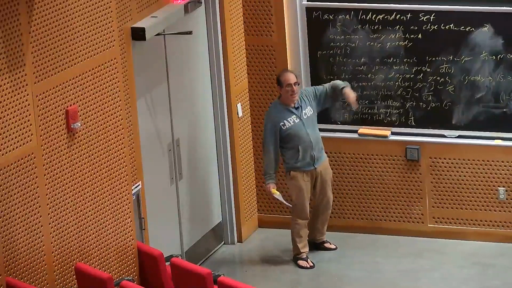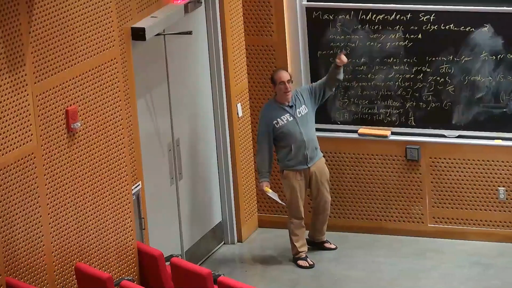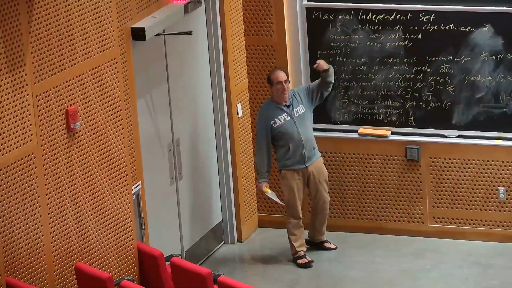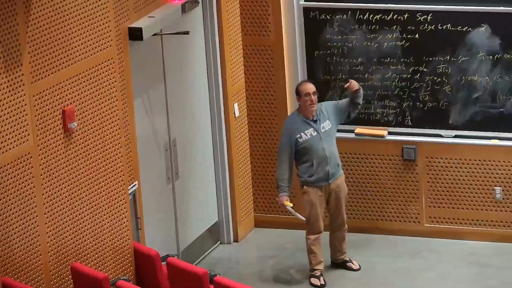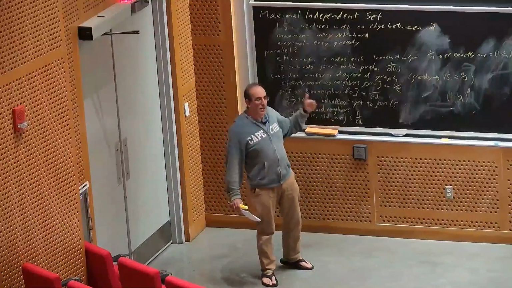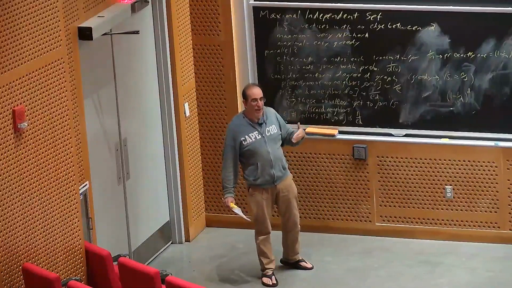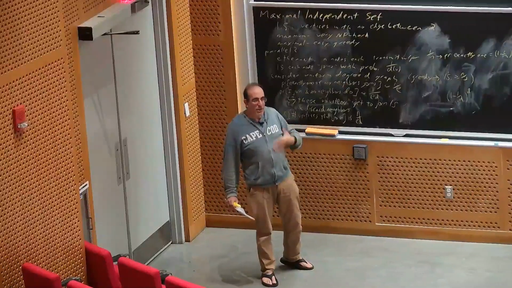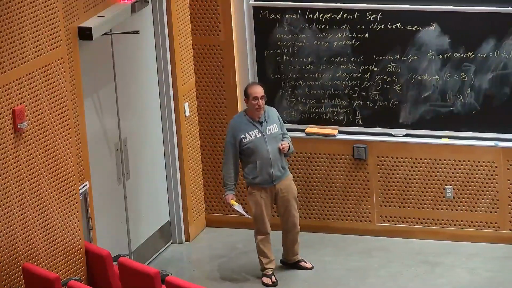So I've got d neighbors, so I expect one of my neighbors to join. Or to put it more precisely, there's a constant probability that one of my neighbors gets into the independent set and kicks me out. So in this process, I'll retire half of the vertices, or a constant fraction of the vertices in the graph, which means I've made a lot of progress towards solving the whole graph.